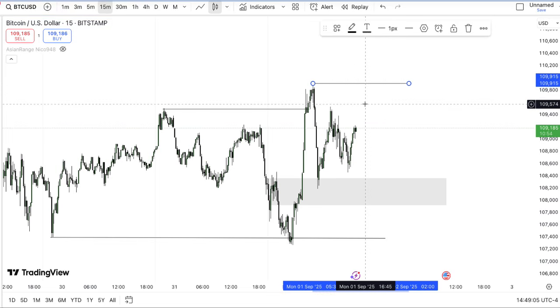I was actually marking this level. Just do whatever you need to do on that chart. Write something down. Say how you were feeling, your plans, what you were looking out for on that particular key level.